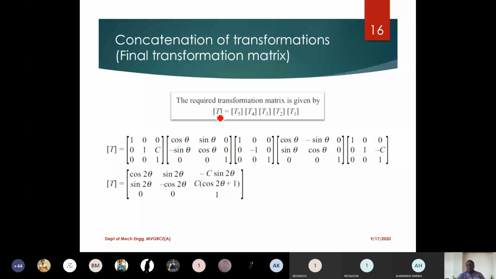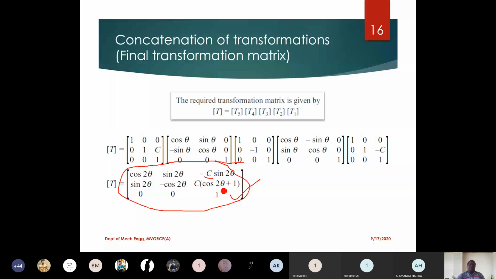T1 is this one, T2, T3, T4, all 5 matrices are multiplied, and finally you end up with one final transformation matrix. This matrix can perform reflection of a 2D image about any arbitrary straight line whose y-intercept is c and whose angle with respect to the x-axis is theta.